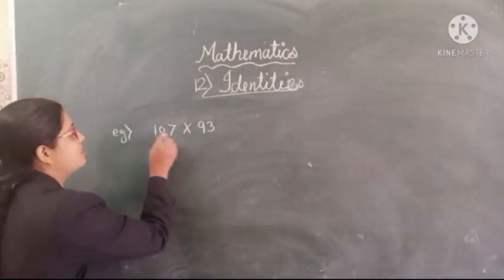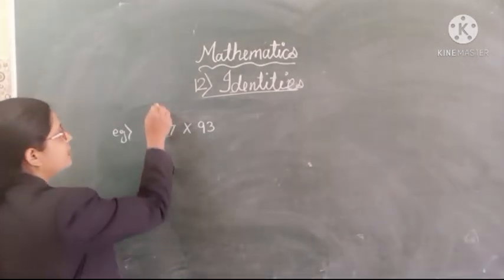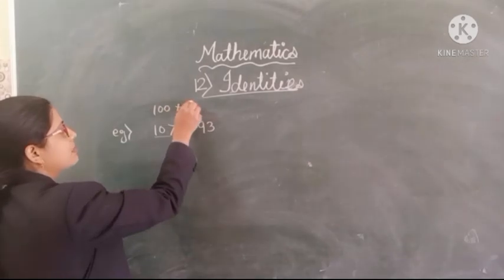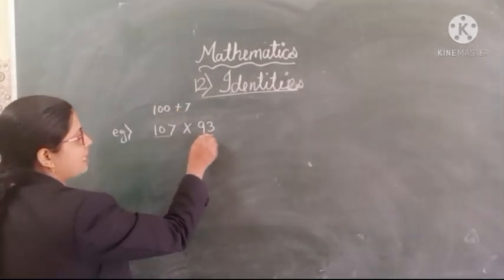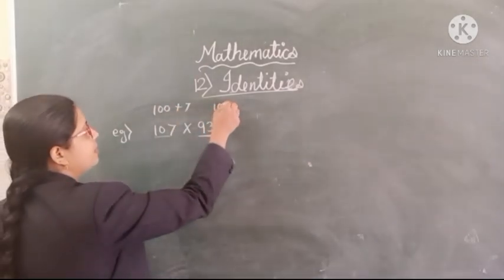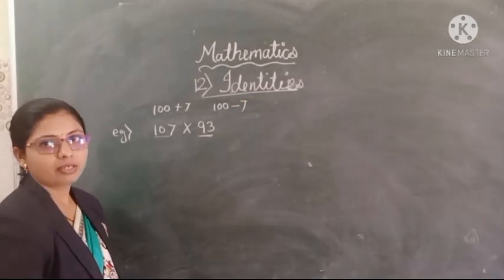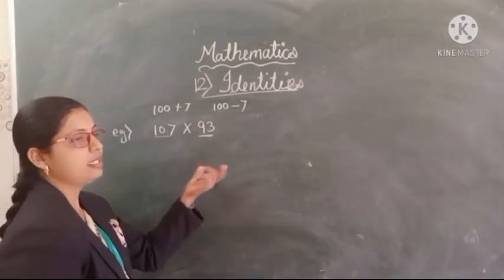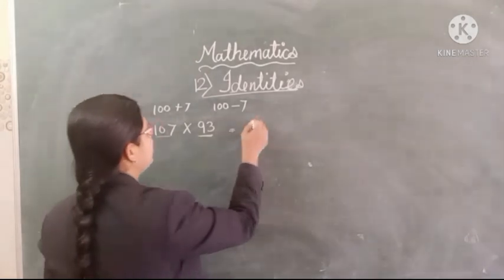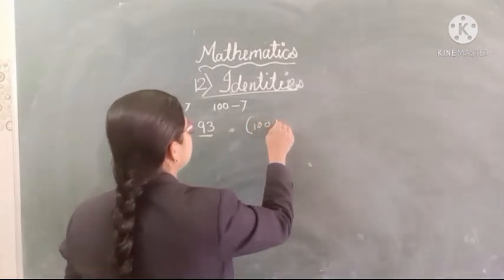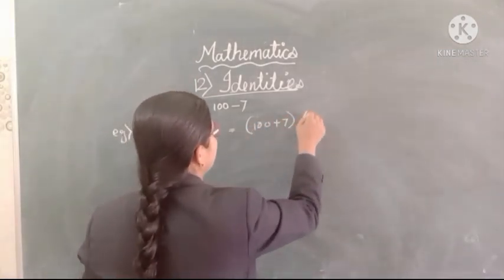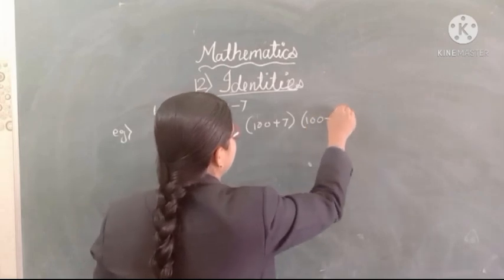So for 107, what can be the binomial? 100 plus 7. And for 93, 100 minus 7. Okay, same way you have to make it here. So it will be 100 plus 7 multiplied by 100 minus 7.